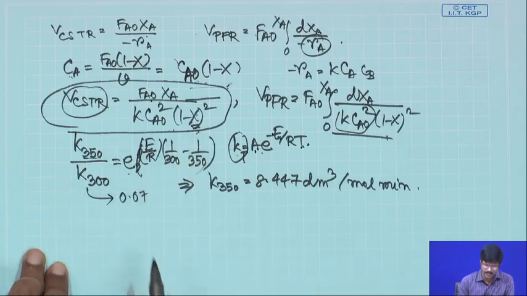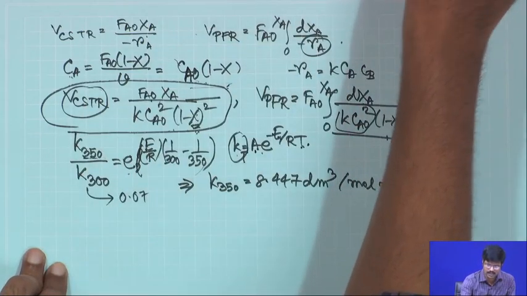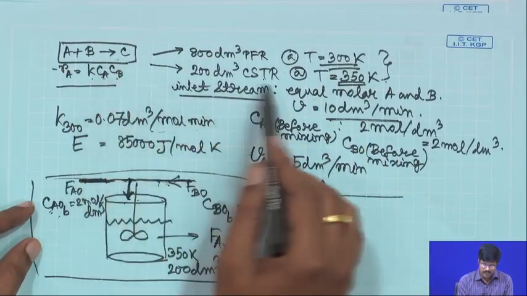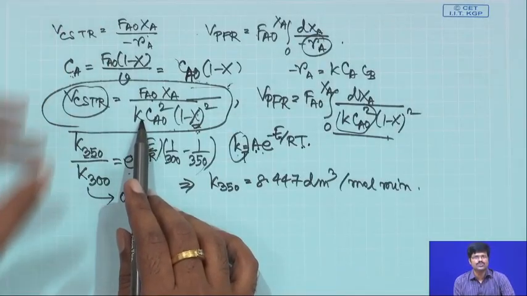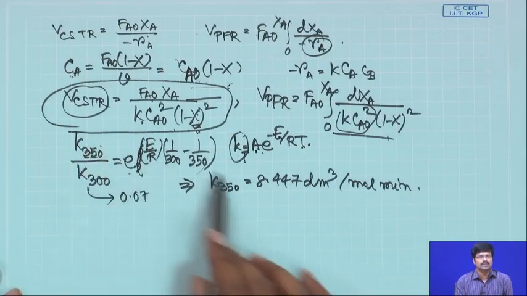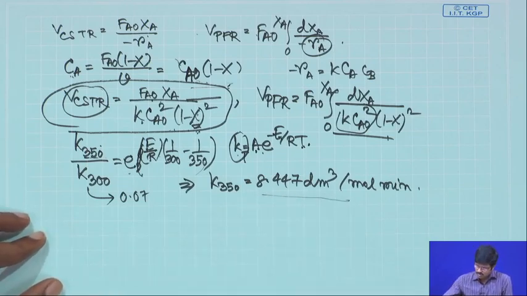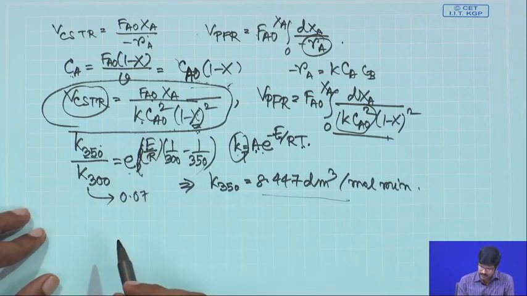Okay. Now, let us solve this expression, because VCSTR is already known, we want to find the value of x, that is what we want to find. Now, remember that this reaction is done at 350 Kelvin in the CSTR. So, the value of K that you are going to use is at 350. If you now put those expressions here, what you will get?